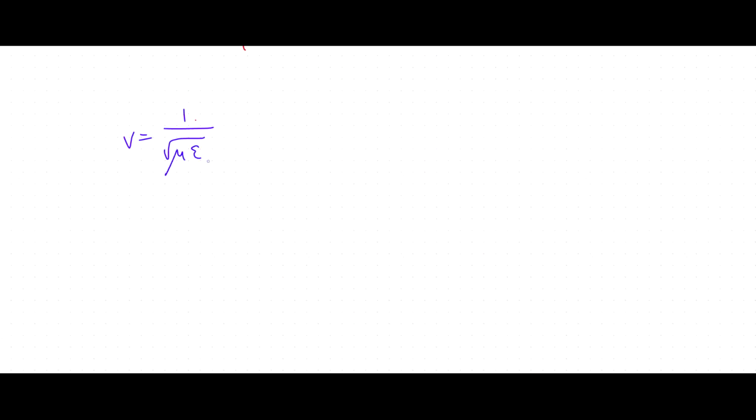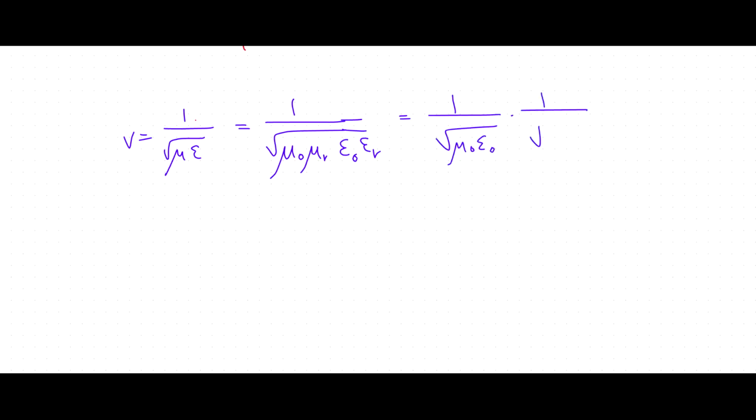Mu is the permeability of free space times the relative permeability, and epsilon is epsilon in free space times the relative permittivity, the dielectric constant. If I rewrite it, this is 1 over root mu naught epsilon naught times 1 over root mu r epsilon r.